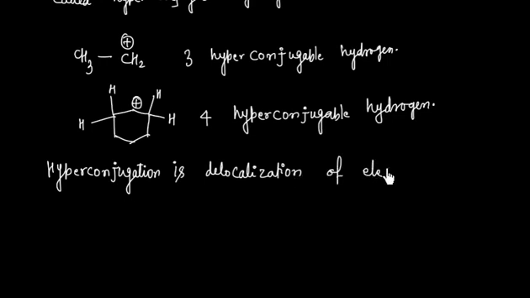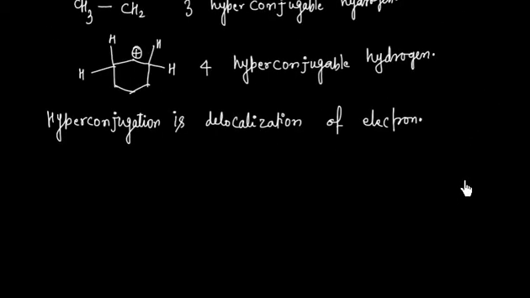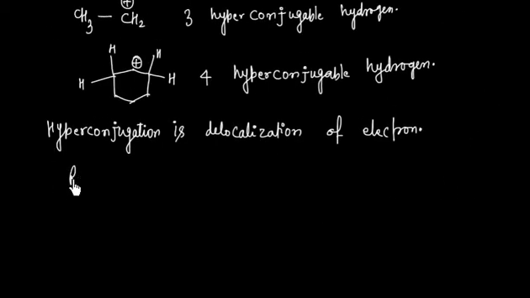Any process that delocalizes electron or disperses electron makes the molecule more stable, like resonance, hyperconjugation, or we can have inductive effect.